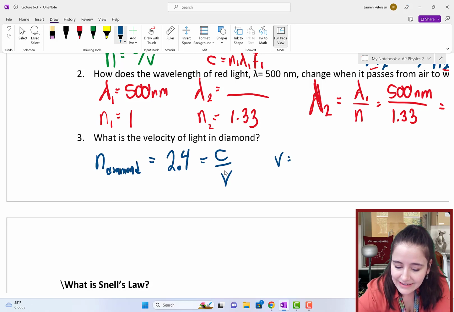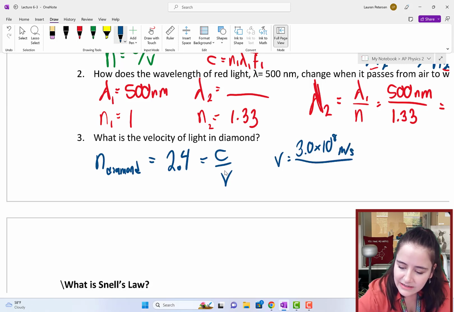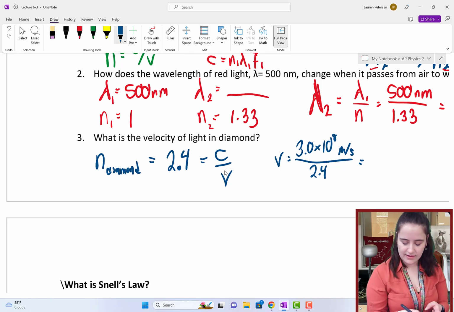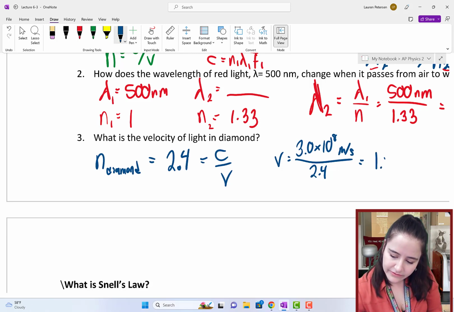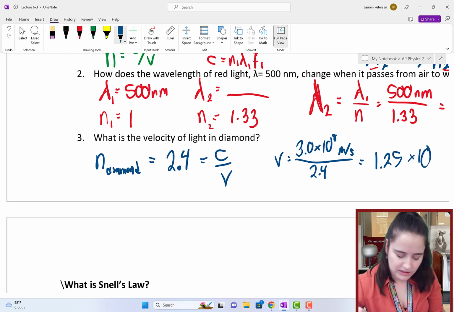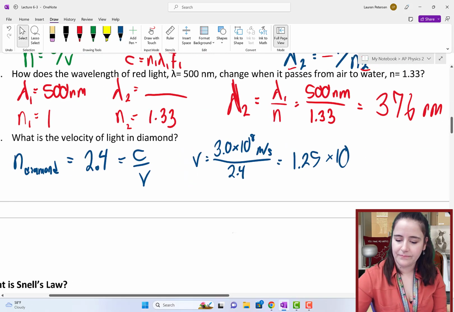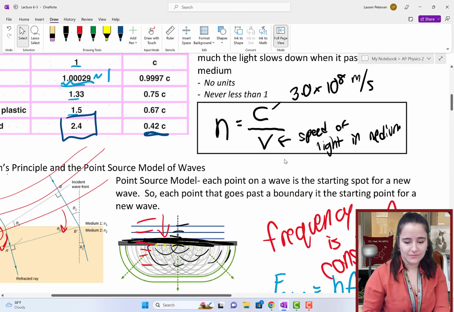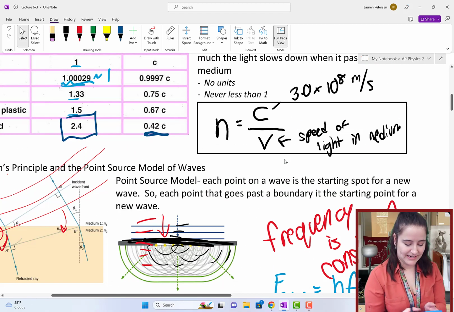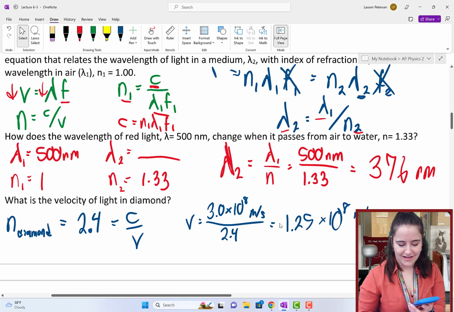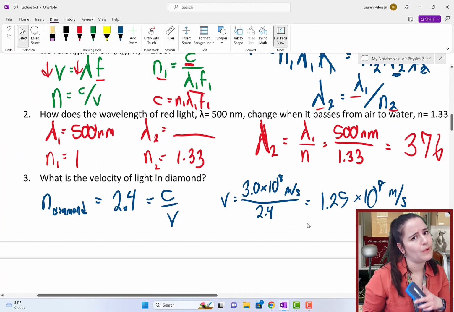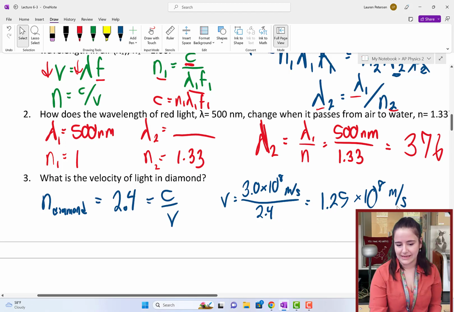So the velocity of light in diamond will equal the speed of light, 3 times 10 to the 8th meters per second, divided by its index of refraction, 2.4, which gives us 1.25 times 10 to the 8th meters per second, which, what do you know, equals 0.42 times 3 times 10 to the 8th, also gives you this one gives you 1.25, slightly different, probably a sig fig issue, but 1.26 times 10 to the 8th, same.